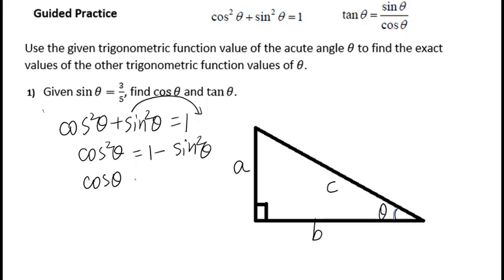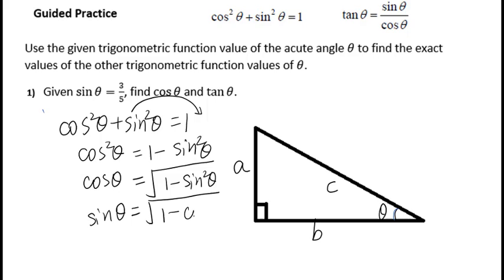Since sine theta, cosine theta, and tangent theta are all positive, cosine theta equals positive square root of 1 minus sine squared theta. For sine theta, you will do the same thing to get square root of 1 minus cosine squared theta.